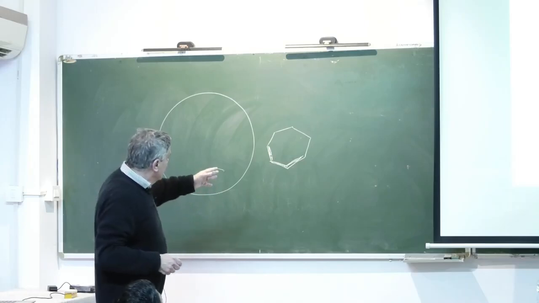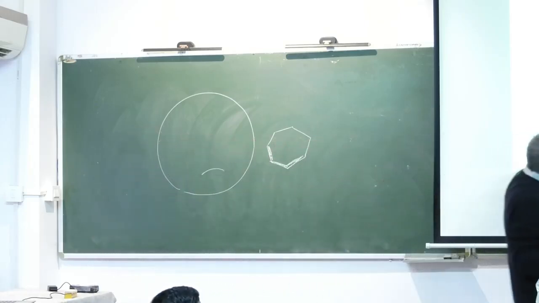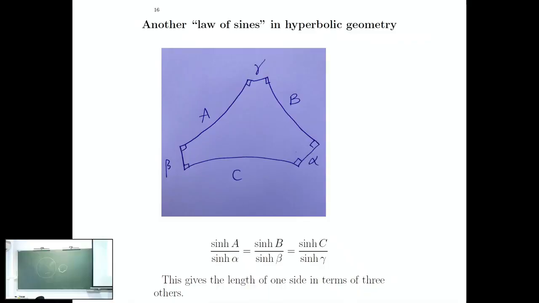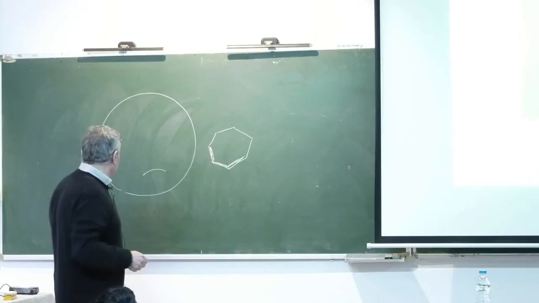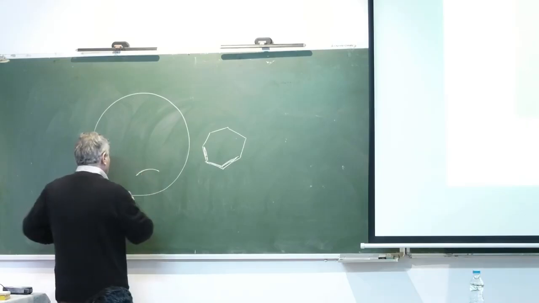B, alpha and beta are not consecutive sides. If you choose A, alpha and B, now I'm choosing consecutive sides. I'm doing the same, but for consecutive sides.